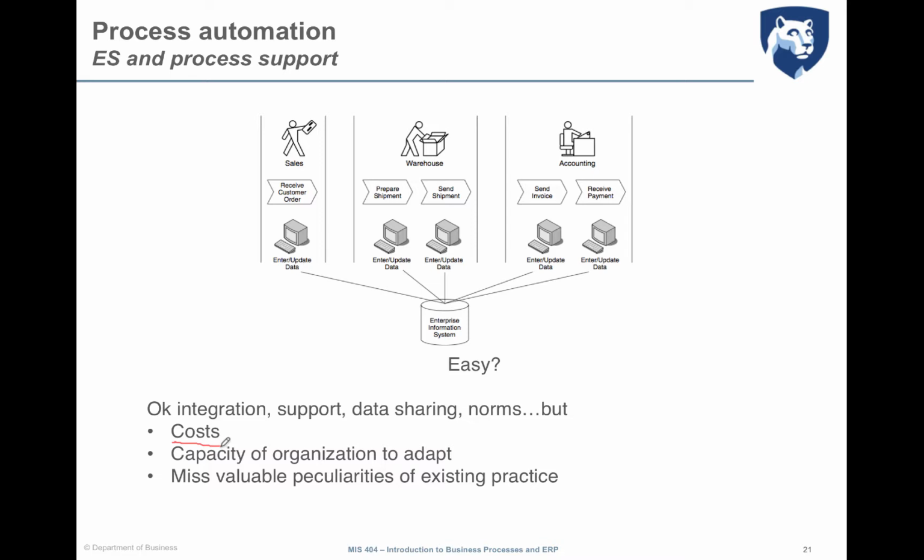Second, they change how processes function and are deployed in the organization, so they force the organization to modify its way of operating, and the capacity of the organization to adapt is not immediate. Finally, they force processes to follow pre-established paths and best practices, thus limiting the possibility to customize the execution of processes according to real-time information. So, by implementing information systems and enterprise systems, you miss some possible peculiarities of existing practices.